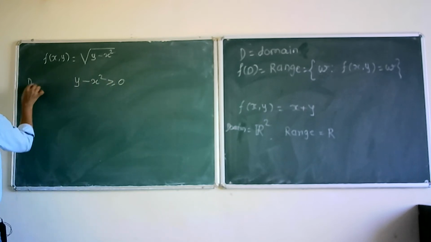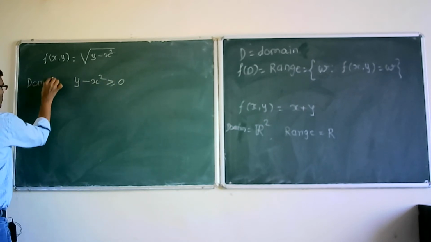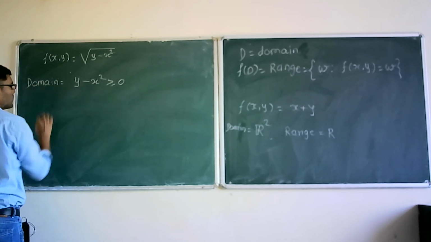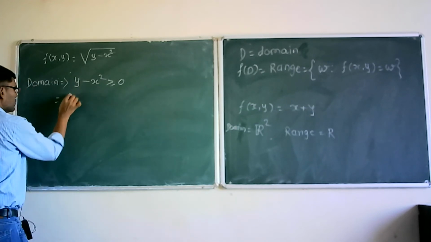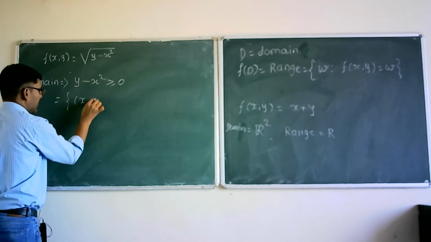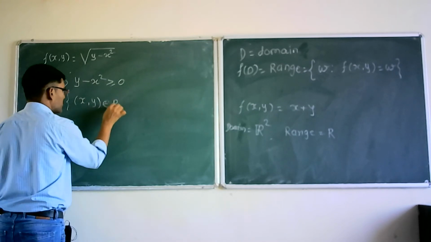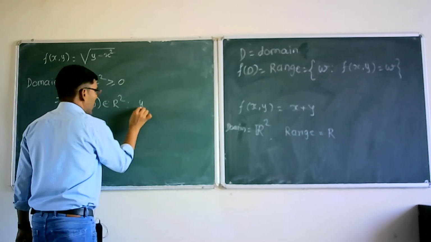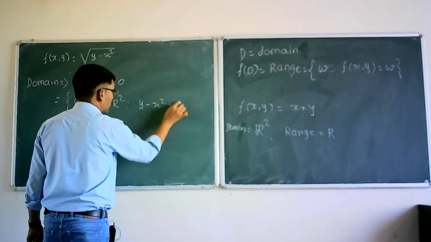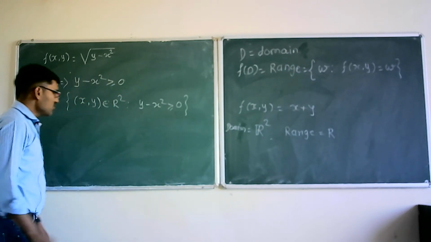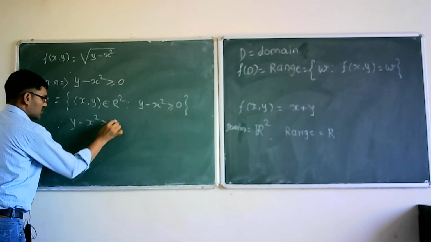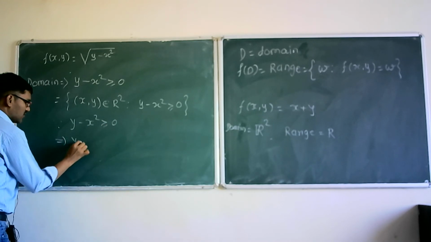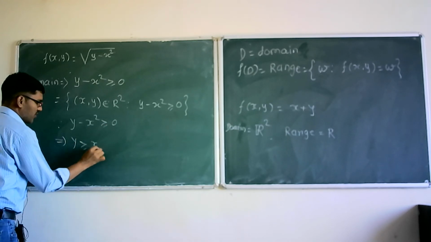So the domain is the collection of all xy belonging to R square such that y minus x square is greater than or equal to 0. This implies y is greater than or equal to x square.